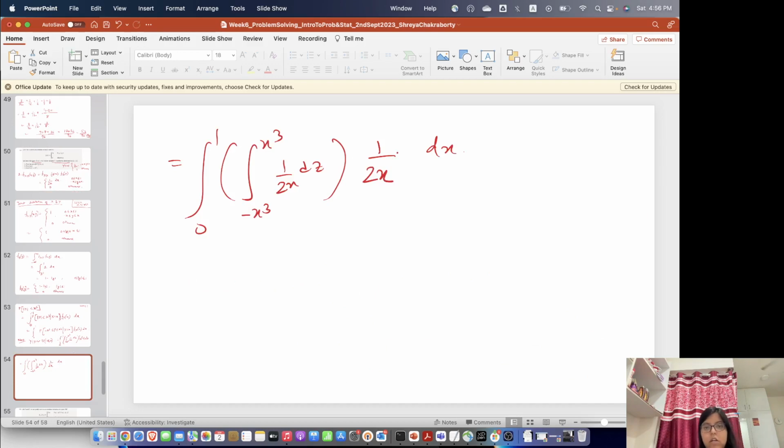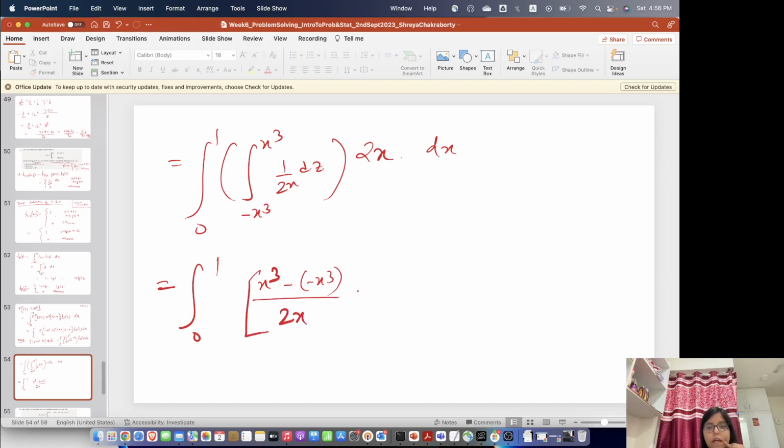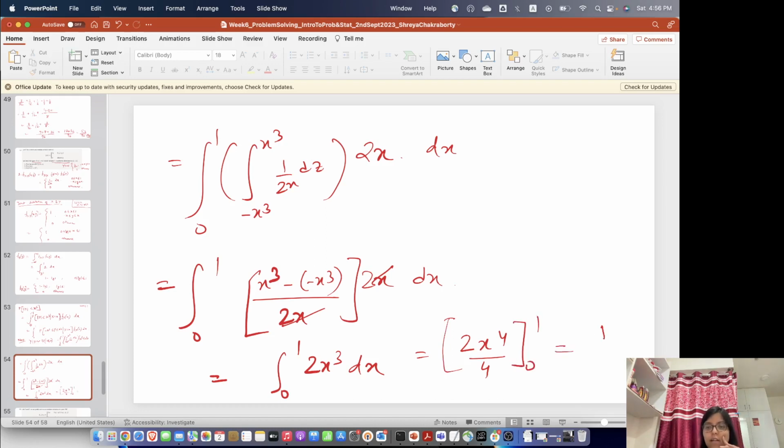Oh, only 2x. Sorry. This was 2x. So here we have the integral from 0 to 1 of (x cube minus minus x cube) by 2x, into 2x dx. 2x cancels out. We have the integral from 0 to 1 of 2x cube dx. So that will be 2x to the power 4 by 4, from 0 to 1, that is half. Half is the answer.